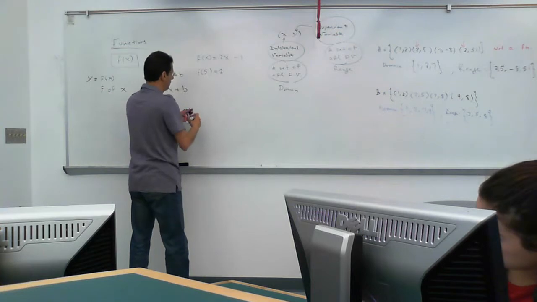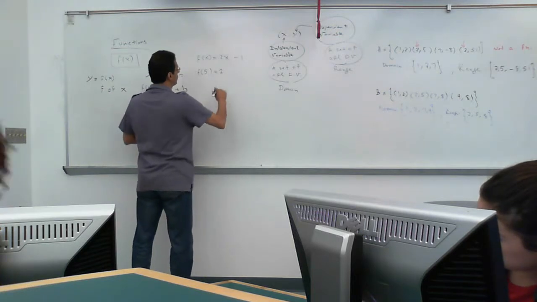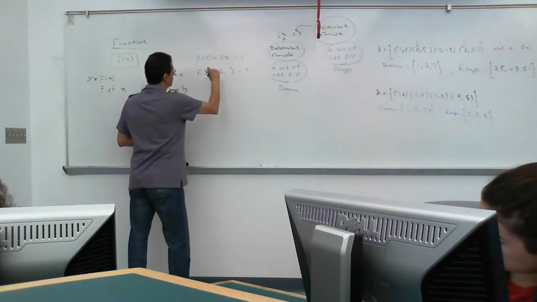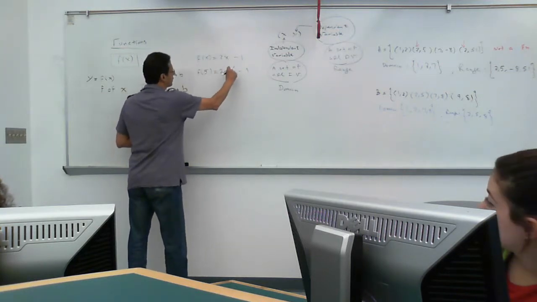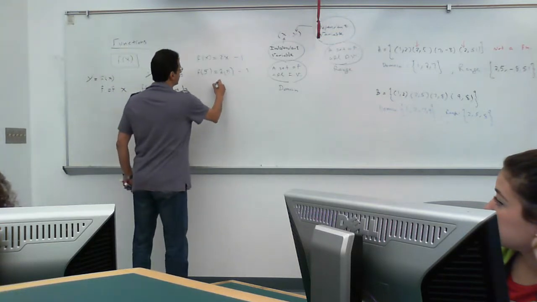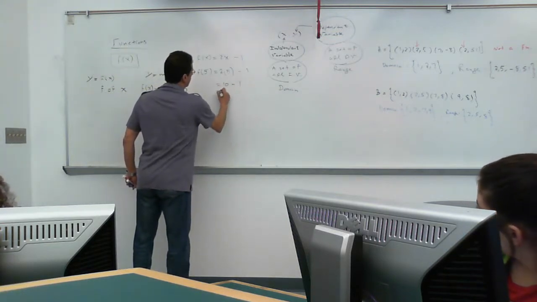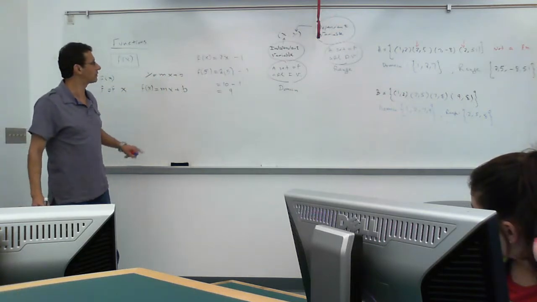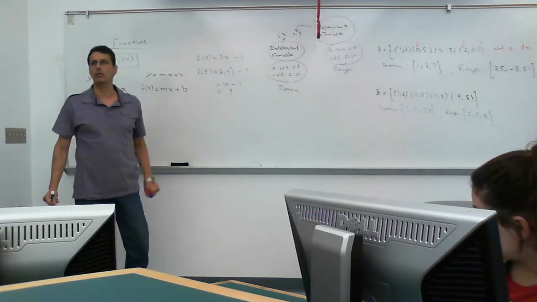Precisely, you plug in whatever this one is, which happened to be 5, and that becomes 9. Now, what's really important is the meaning of this. f of 5 equals 9.